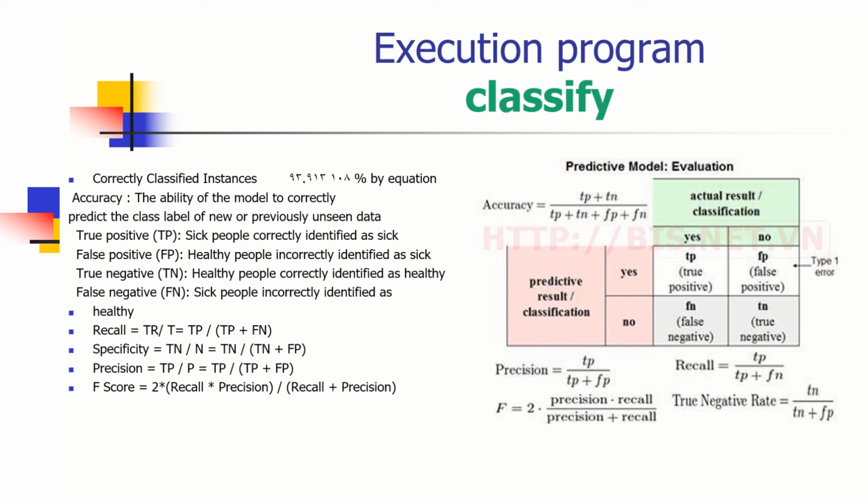From this confusion matrix, I can get formulas such as precision, recall, true negative rate, F score, etc.